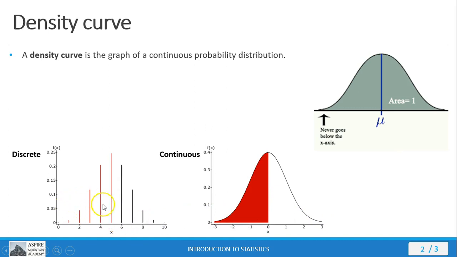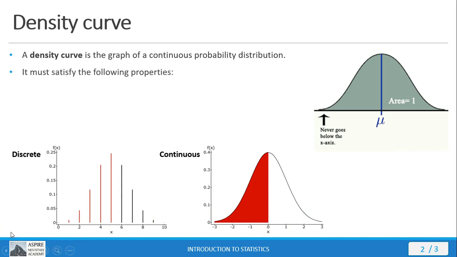Whereas here in the discrete distribution, you've only got selected lines from your discrete probability distribution that are shaded. So a density curve is simply this continuous curve that you see here that forms the continuous probability distribution.